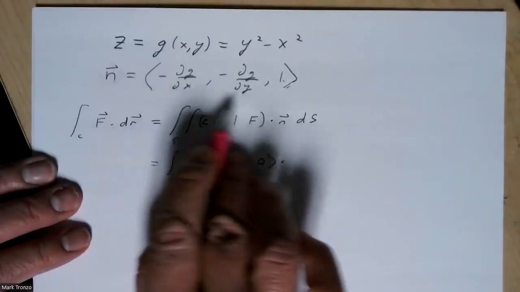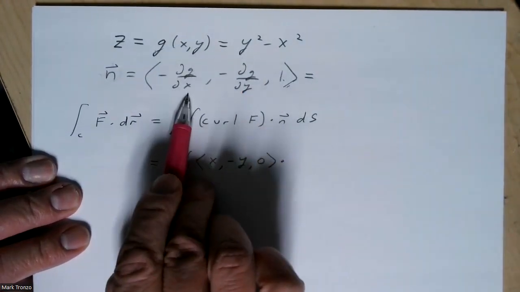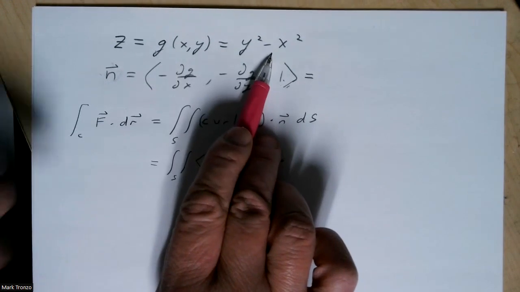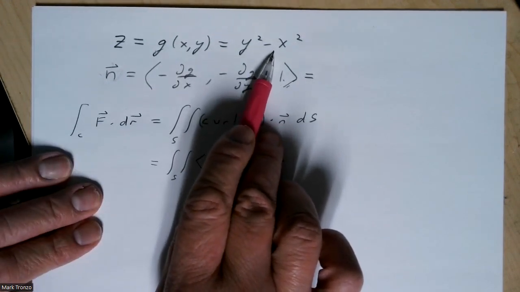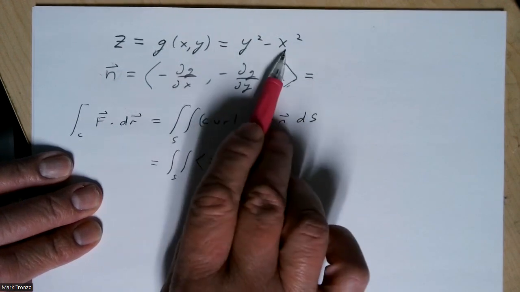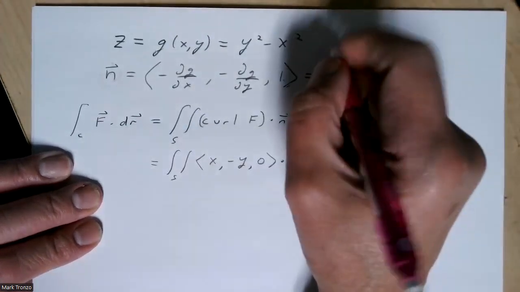I wrote this normal here, but forgot to actually calculate it out. So this is going to be dg/dx with a negative, so that'll end up being a positive 2x.